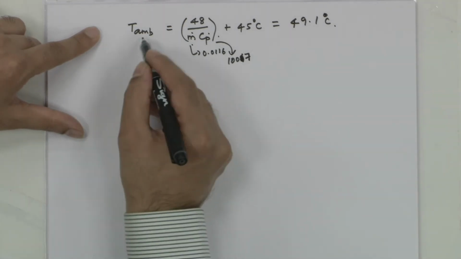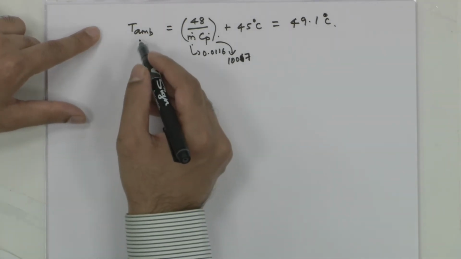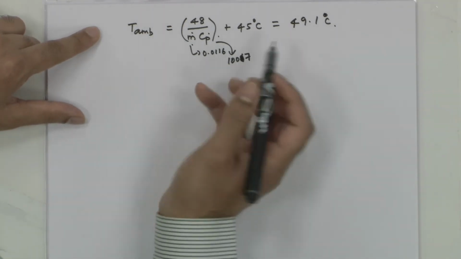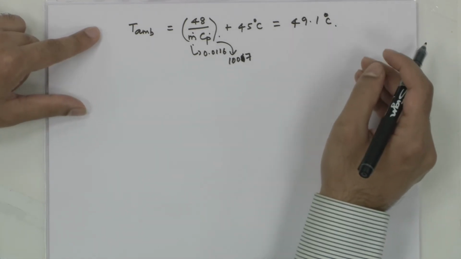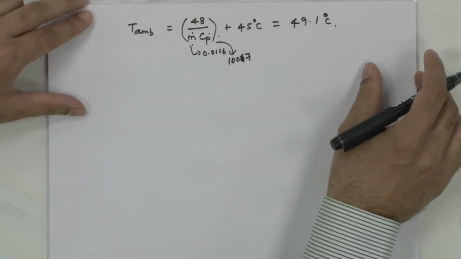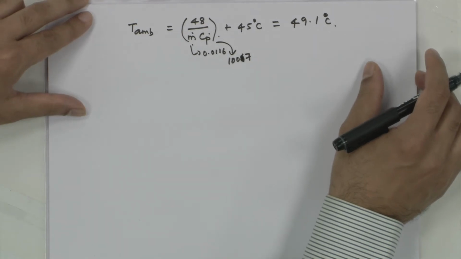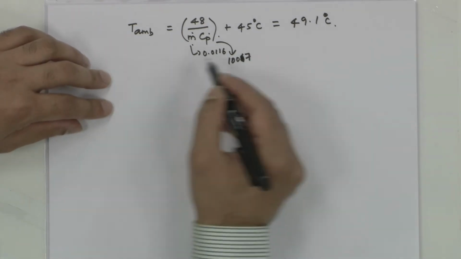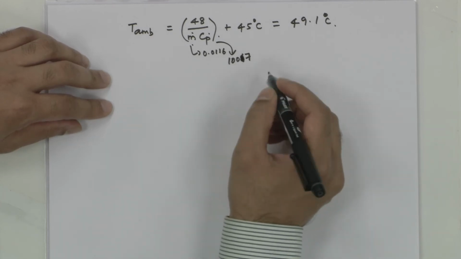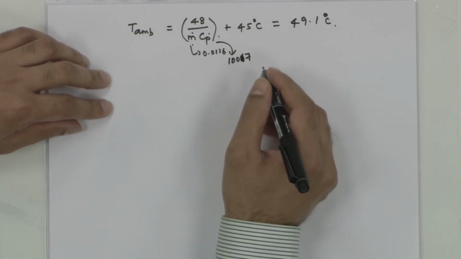So, this is the ambient temperature to the processor, assuming that the flow after the low power device is well mixed. This is an assumption that we are making. In many cases the flow may not be well mixed after the low power device, but we will just assume that it is well mixed for the purpose of this calculation.